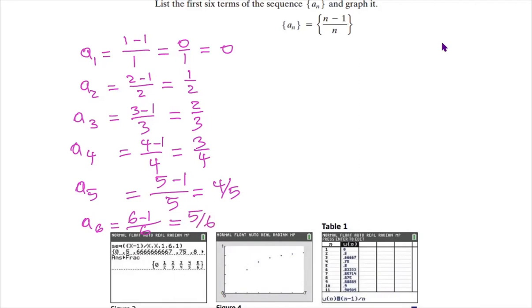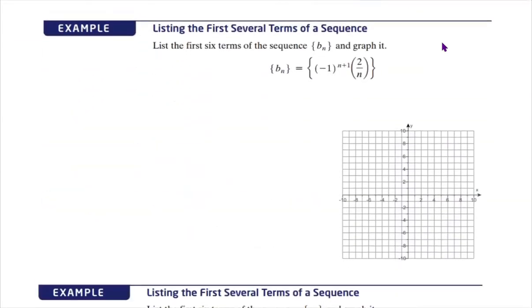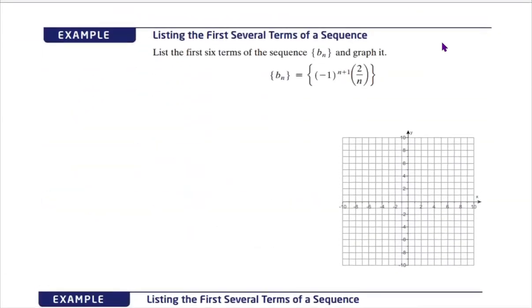So just plug in to list the first several terms of a sequence.